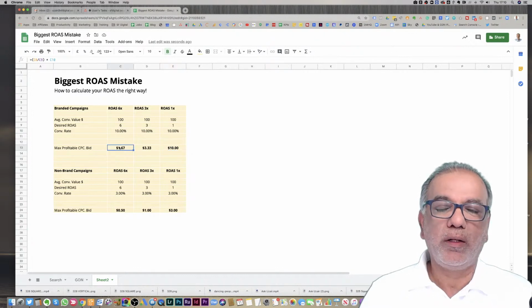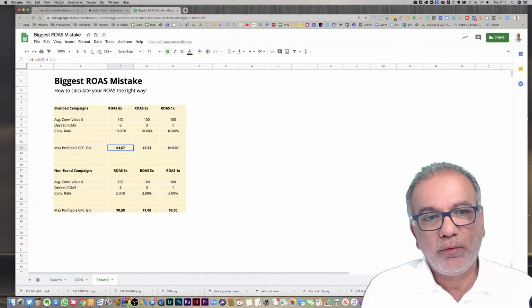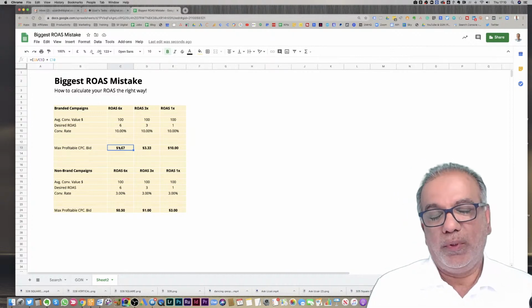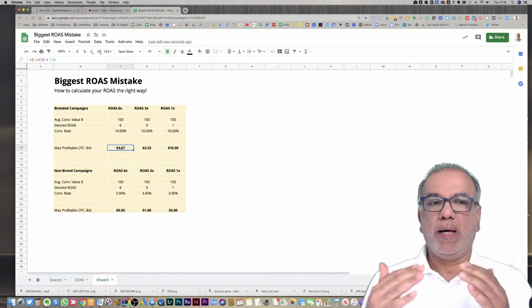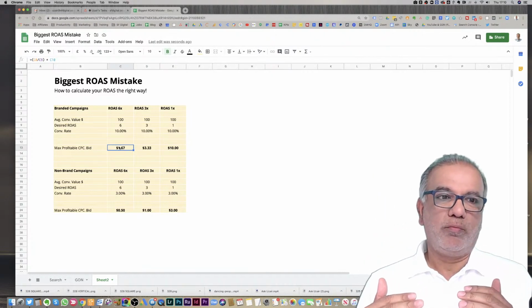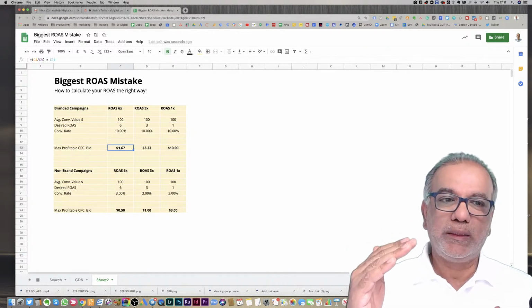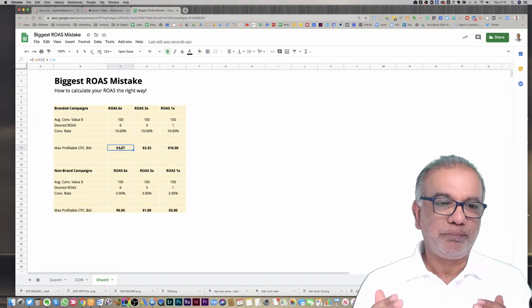And what that will do is, for your campaigns, you may not be very competitive in your bidding, and you may lose out in the auction. So you need to have this fine balance of your maximum or your profitable ROAS and a very competitive bid. You can't have both.